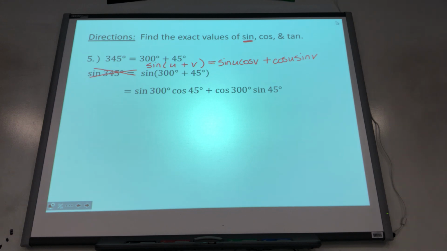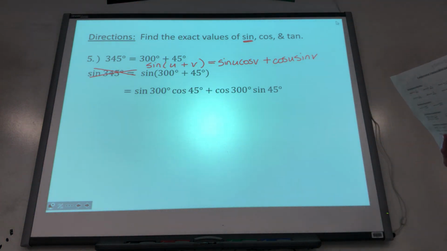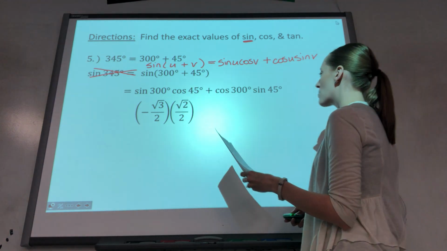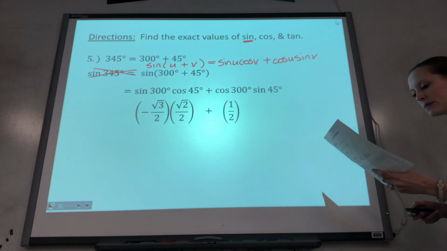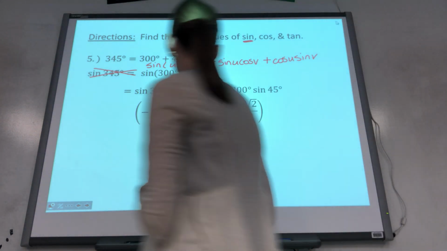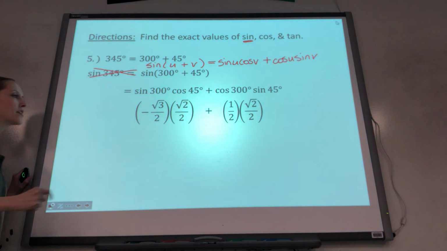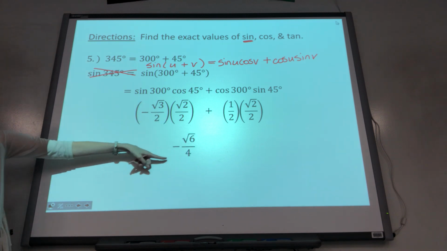Okie doke. So I'll start at the beginning. Sine of 300 is negative radical 3 over 2. Cosine of 45 is radical 2 over 2, plus cosine of 300, which is 1/2, times sine of 45, which is radical 2 over 2. Multiplying fractions, you don't have to have common denominators. It's just a coincidence that they are the same, but you still have to multiply them.